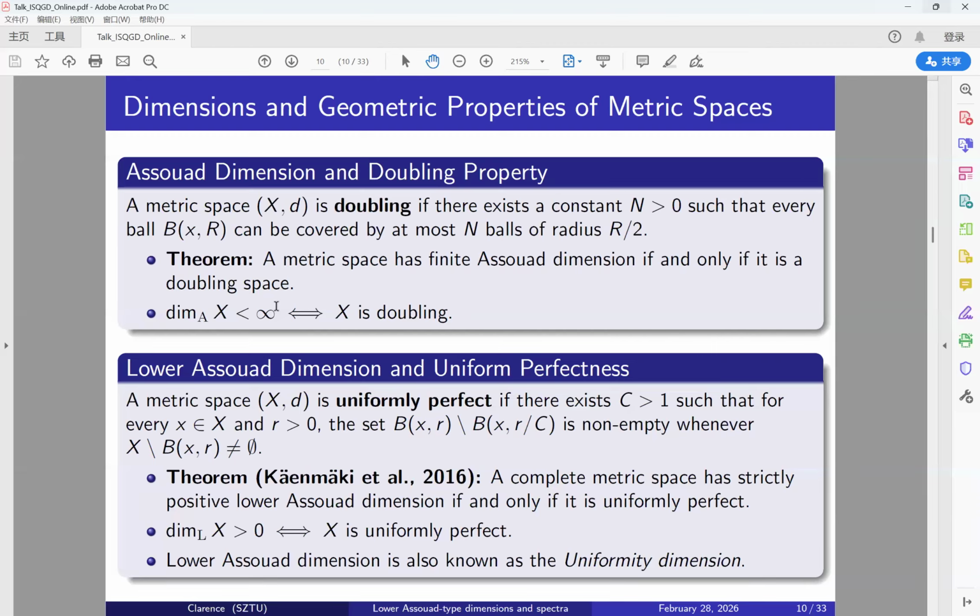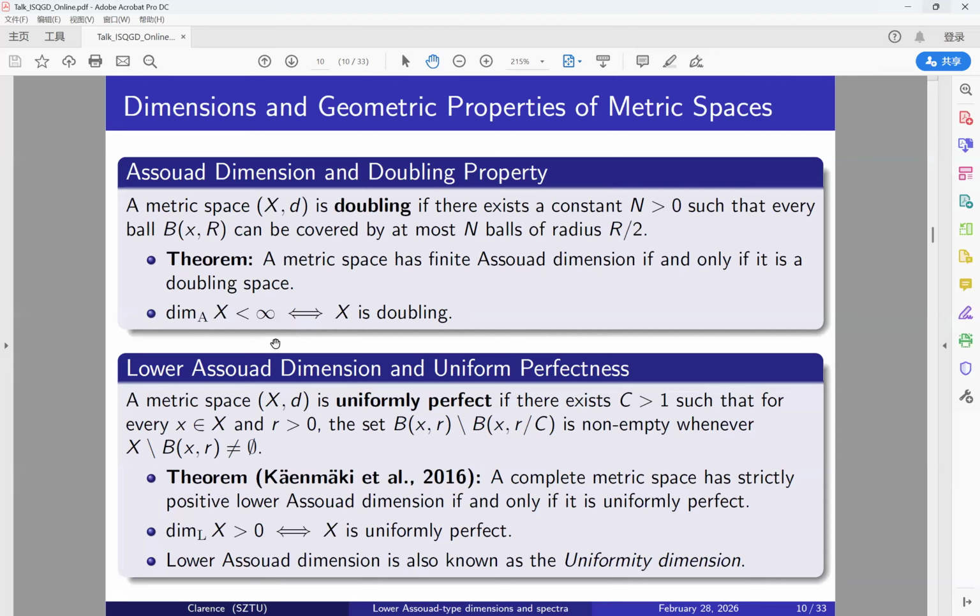It means that whether X is a doubling metric space can be checked by its Assouad dimension. Also, if the Assouad dimension of the space is finite, we can say it is a doubling metric space. And to some extent, a doubling metric space can be approximately similar to Euclidean space in its geometric properties.